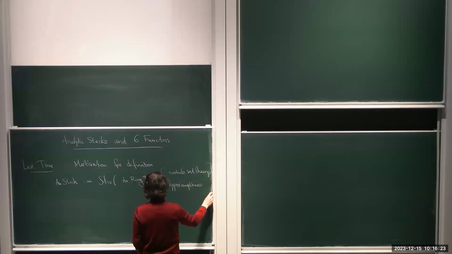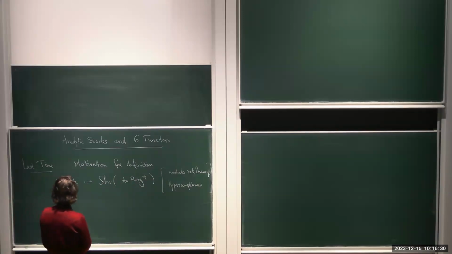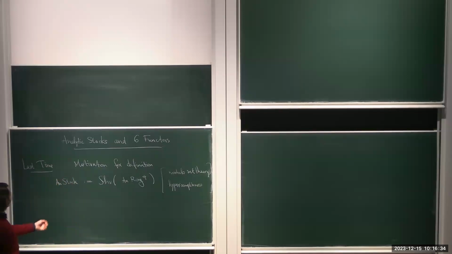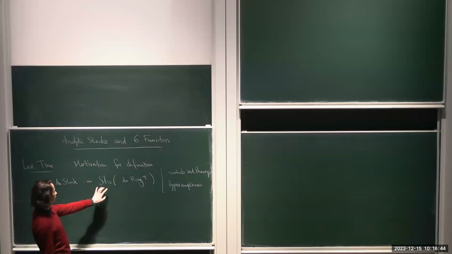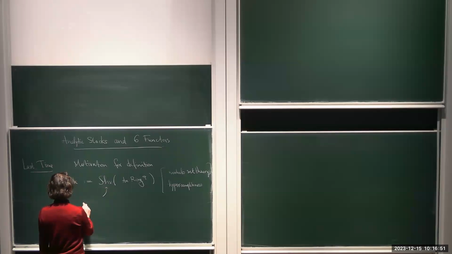I will probably also say something at the end of this lecture. So we would like to define our geometric objects by studying the rings, which gives us our basic building blocks, the affine spaces, and then specifying some Grothendieck topology which tells us how we are going to glue them. And so the key question is which Grothendieck topology?